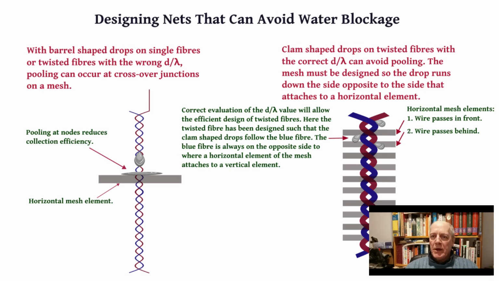So how do you achieve this? Well, it depends on the type of fibres you're using, and essentially any design will have to be fine-tuned based on the thickness of the fibre and the wavelength of the twisted pair fibres.